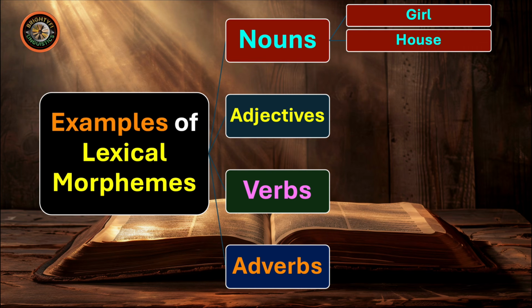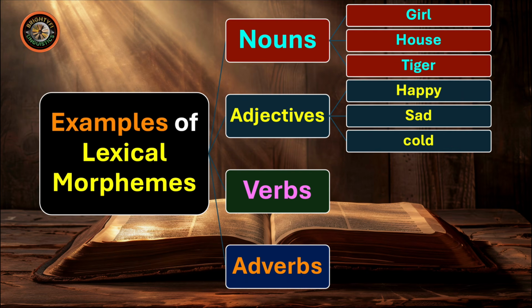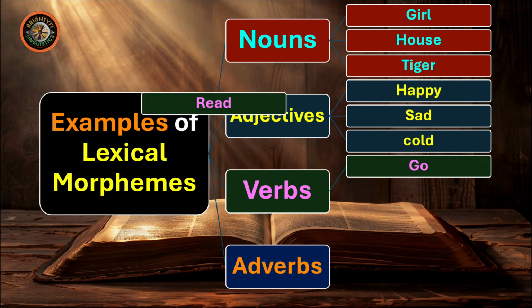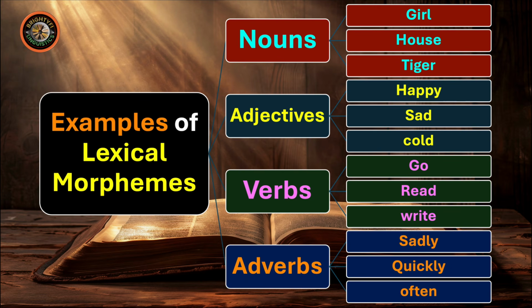Likewise, we have house, tiger. Adjectives we have happy, sad, cold. Verbs we have go, read, write. Adverbs we have sadly, quickly, and often. So these are the examples of lexical morphemes, because lexical morphemes normally refer to those words belonging to nouns, adjectives, verbs, and adverbs.